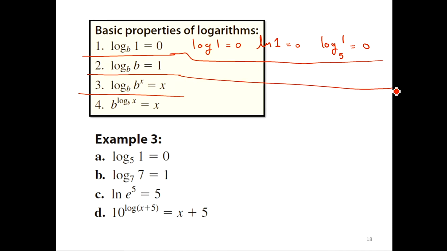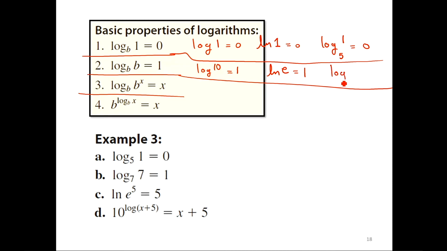The second: logarithm b to base b equals 1. So for example, logarithm 10 to base 10, we have 1, because the base equals the argument. When the argument and base are equal, the logarithm equals 1. ln e is also 1, because this is logarithm e to base e.